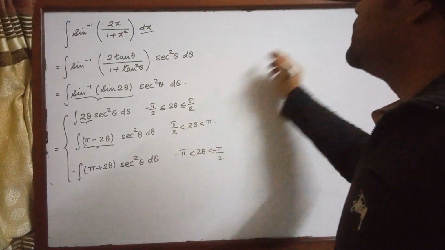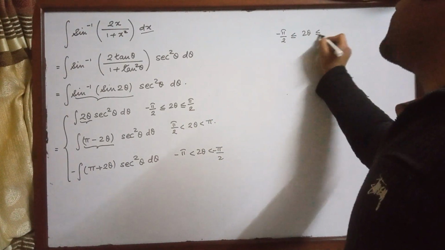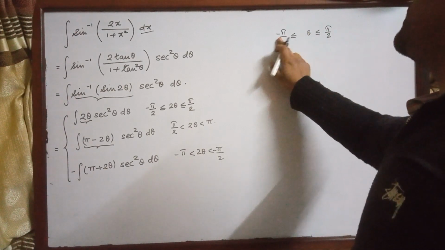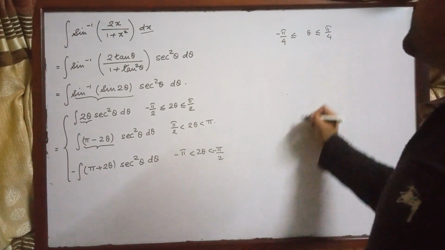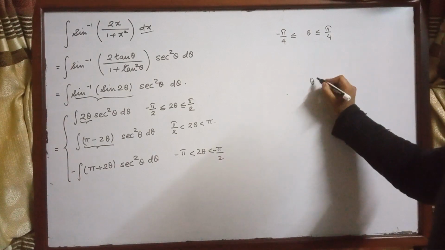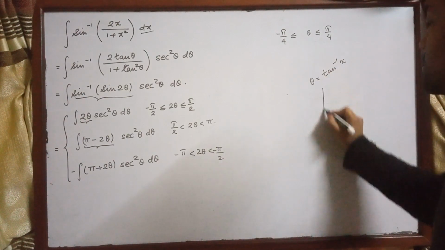First of all, minus pi over 2 to pi over 2 means theta is between these two values. But theta is equal to tan inverse of x.